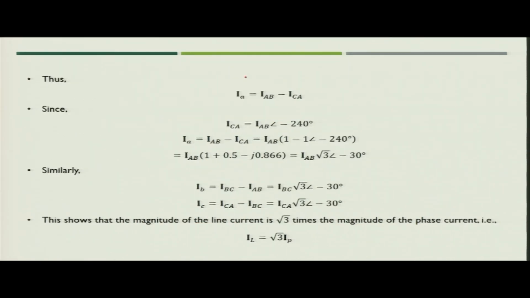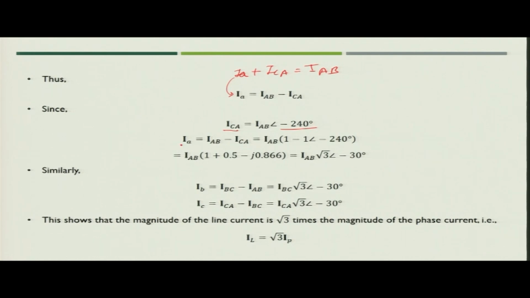So, you can simply write IA plus ICA is equal to IAB, or you can write IA equal to IAB minus ICA. Now, what is ICA? ICA is nothing but IAB angle minus 240 degree.